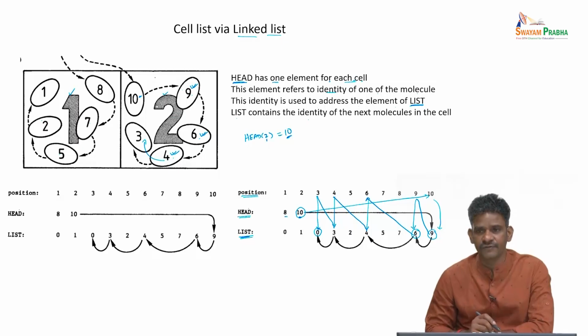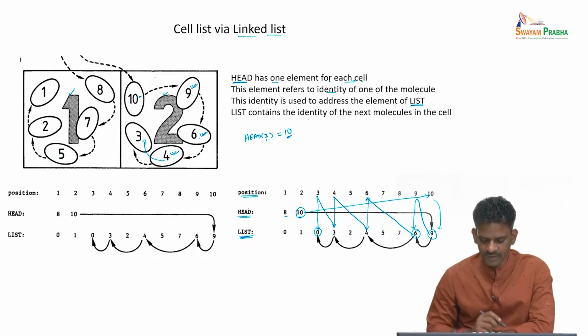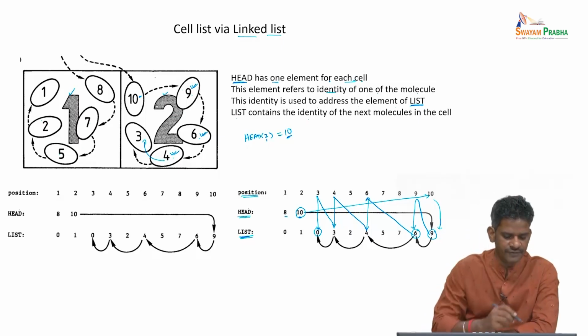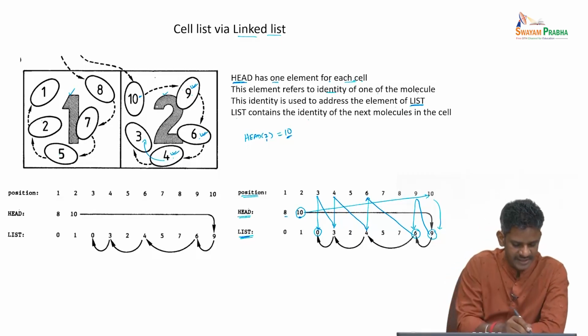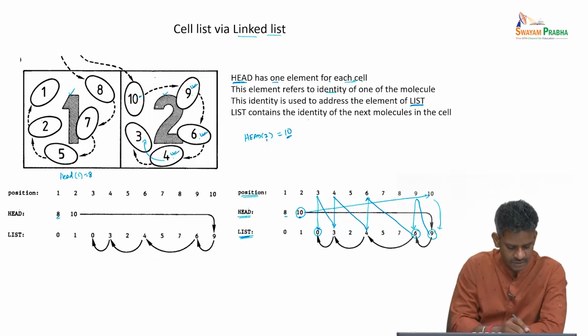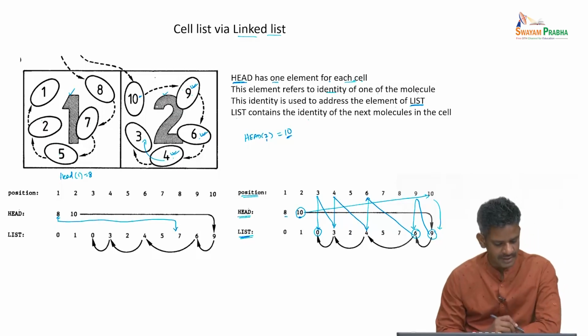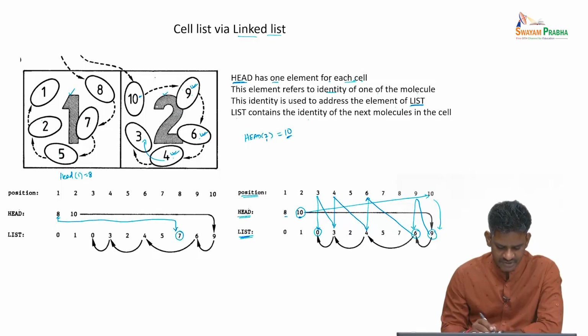This is what we have done for the second cell, and now let us do it for the first cell. The head of 1 is equal to 8. So, we go to the 8th position of the list array, and it points to atom 7.